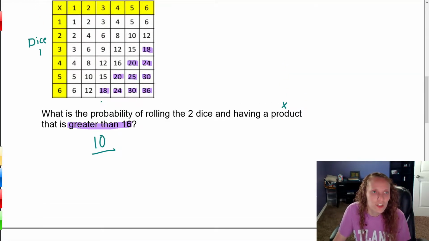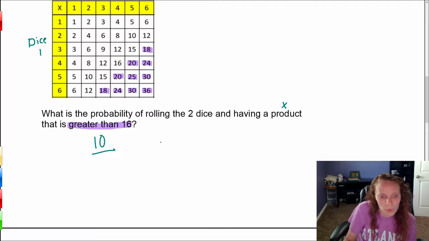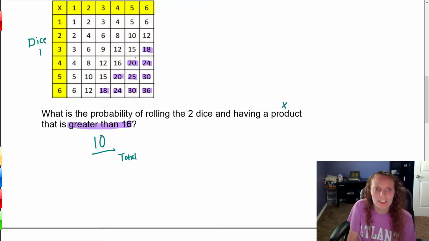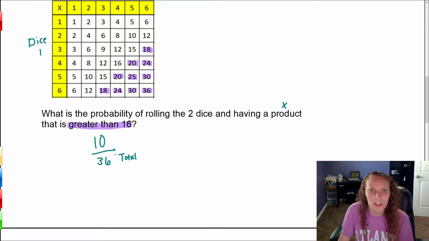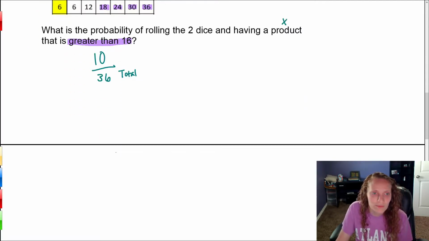And then the denominator is always the total number of outcomes. So we're going to count up all these boxes here and figure out how many total outcomes there are. We're not going to include the yellow numbers. 6, 12, 18, 24, 30, 36. So there's 36 total different outcomes when you roll the 2 dice and multiply your answers together.